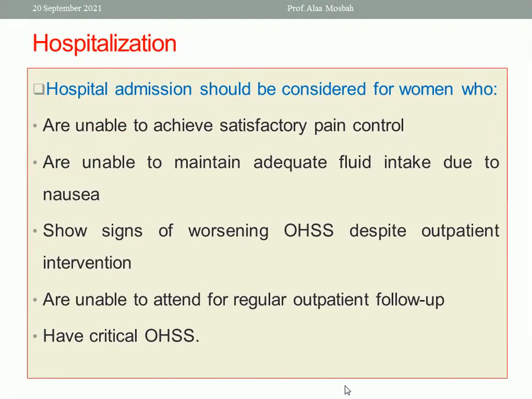Hospitalization. Hospital admission should be considered for whom? For women who are unable to maintain adequate fluid intake due to nausea, or to achieve satisfactory pain control, or who have a sign of worsening ovarian hyperstimulation syndrome despite the outpatient intervention, or patients who are unable to attend regular outpatient follow-up, or patients who have a critical ovarian hyperstimulation syndrome.